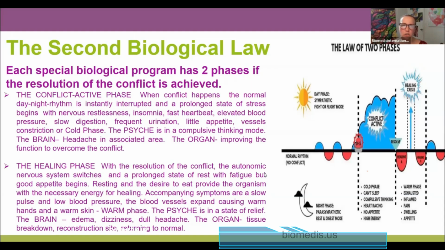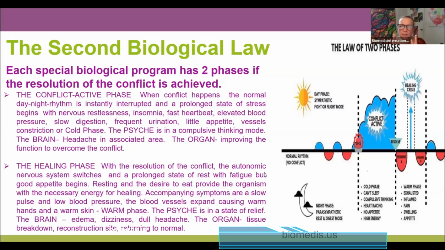Nervous restlessness, insomnia, fast heartbeat, elevated blood pressure, slow digestion, frequent urination, bad appetite. Vessels start to constrict and the body becomes cold, with cold hands and feet. That's why this phase of active conflict is called the cold phase, shivering from emotions in all the body under stress.